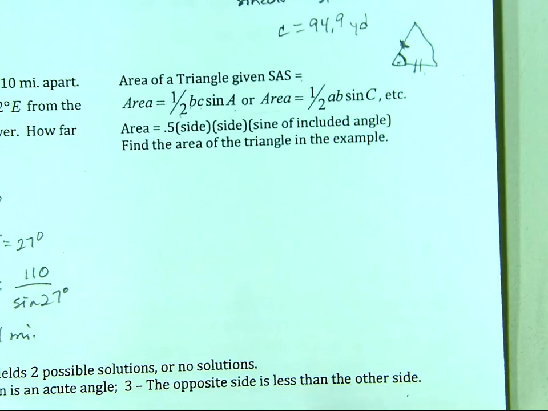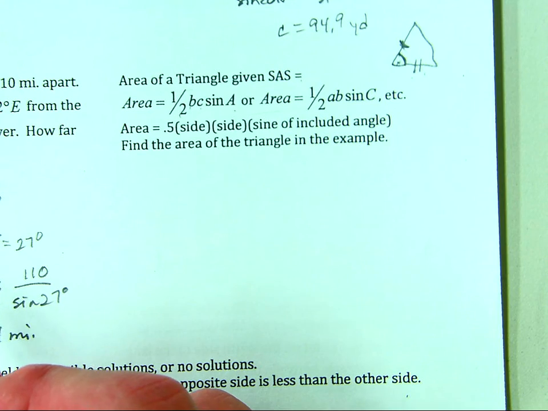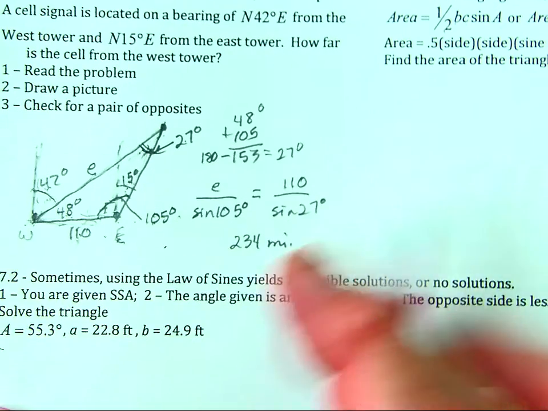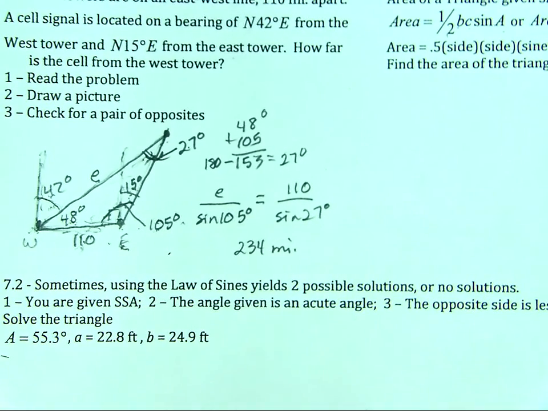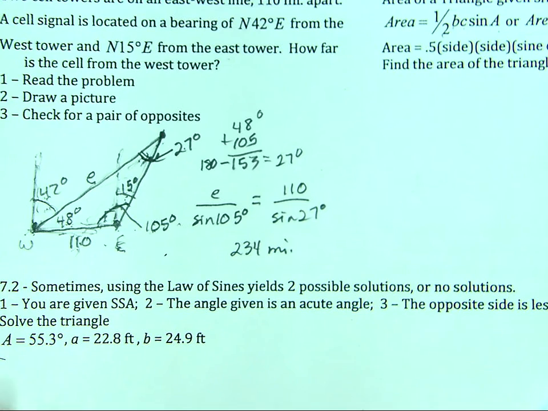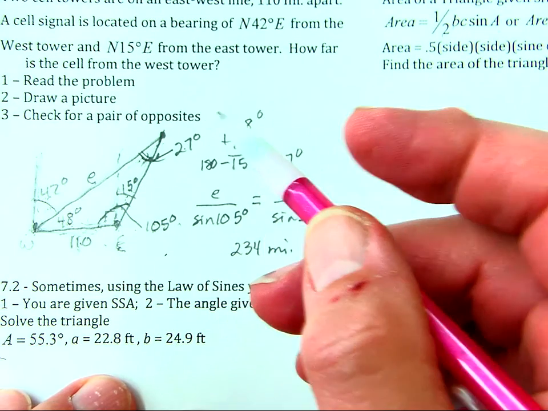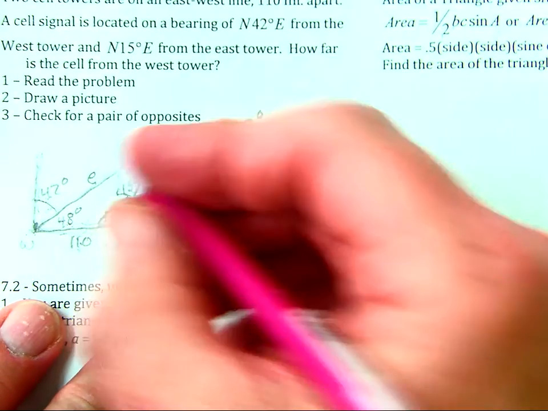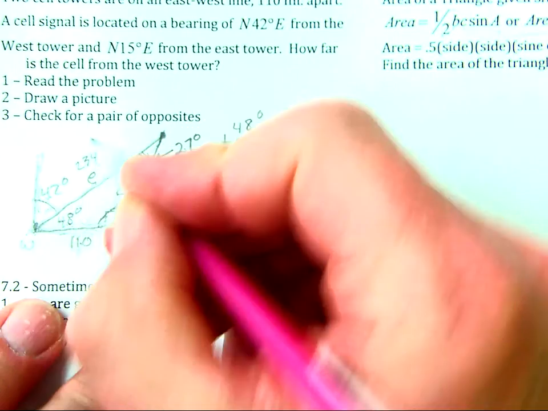So like if we take this problem that we did right over here, if I said, okay, what is the area of that triangle right there? Well, we have two sides. We knew this, and we just found this side over here was 234, right?